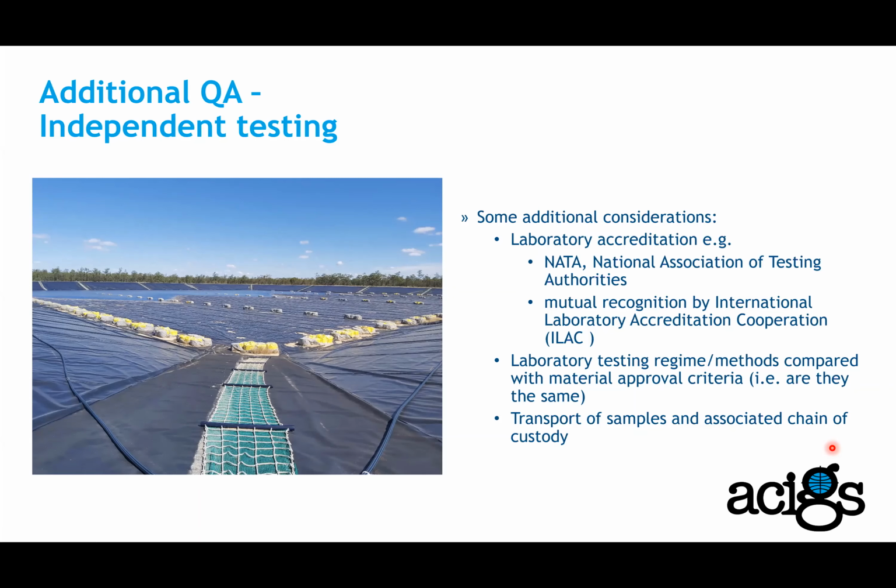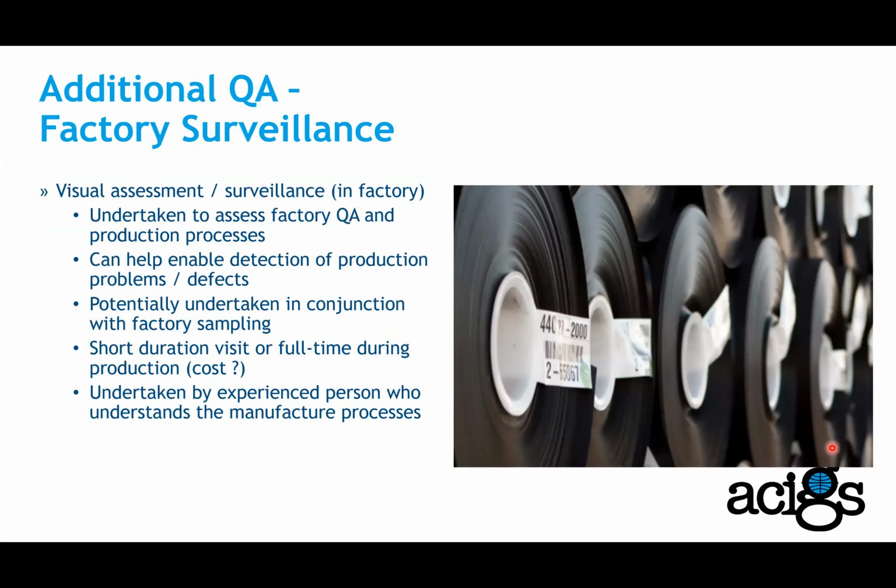We see this a lot in terms of material handling and transport to the lab, and if there's a GCL, for example, losing some of the bentonite during the transport time, or the geomembrane is delivered to a lab and we receive a phone call from the lab manager saying that the material is here, but there are a lot of scratches on it. So that's another thing to consider.